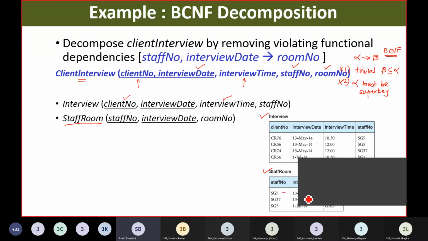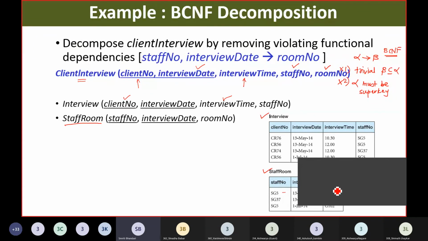So for a particular staff number on a particular interview date, this room has been allocated. So if we would like to change the room number for a particular staff on a particular date, we need to update only one entry because there are no redundant entries now on the same date for the same staff number.